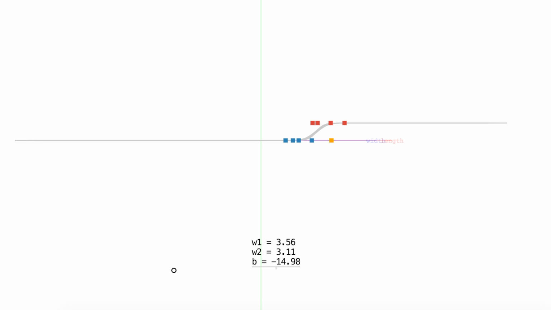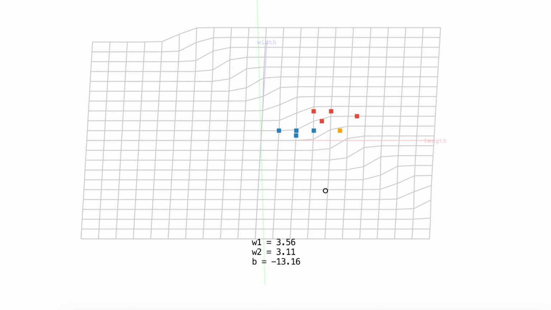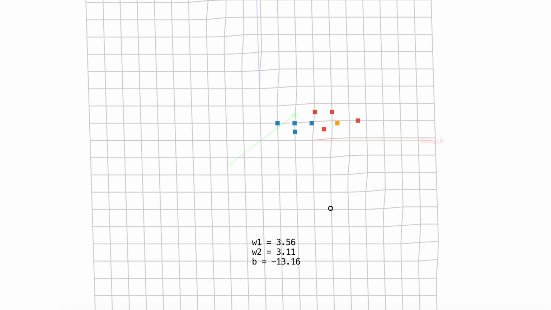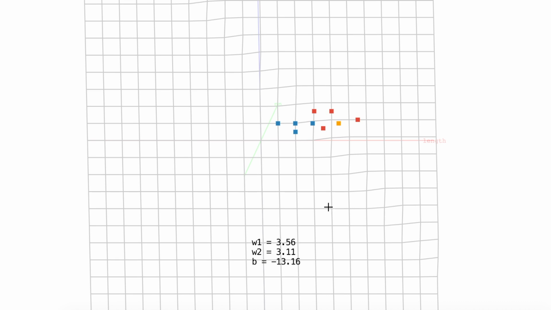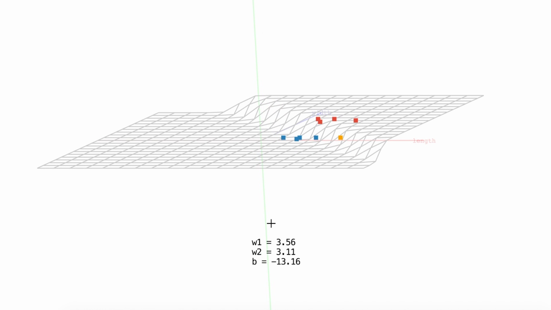That's looking okay. It's kind of difficult to separate these points because they're so close right here. It's going to need such a strong slope, an exact slope. But we could push it even further.